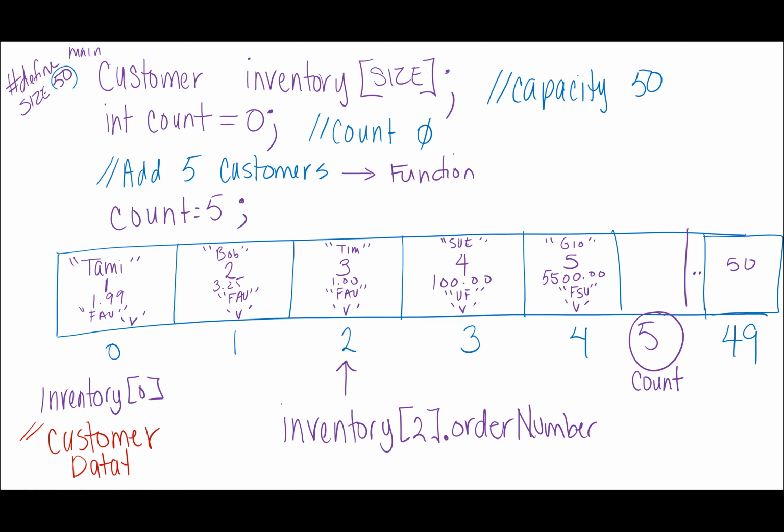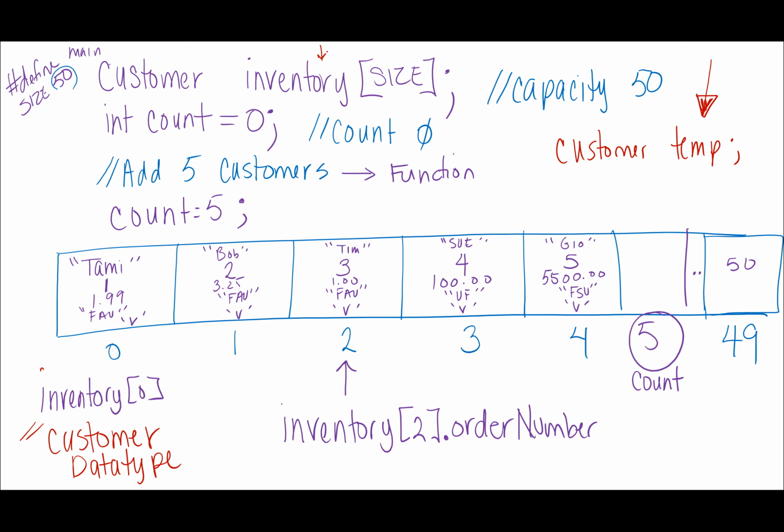Inventory at index 0 is a customer. Just like if I were to say customer temp, the data type of temp is a customer. The data type of inventory at index 0, because I've declared it right here, is a customer.